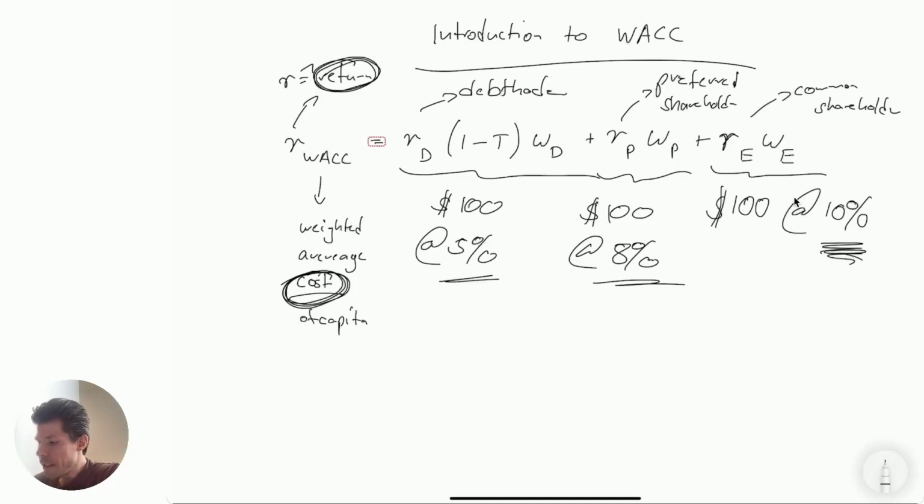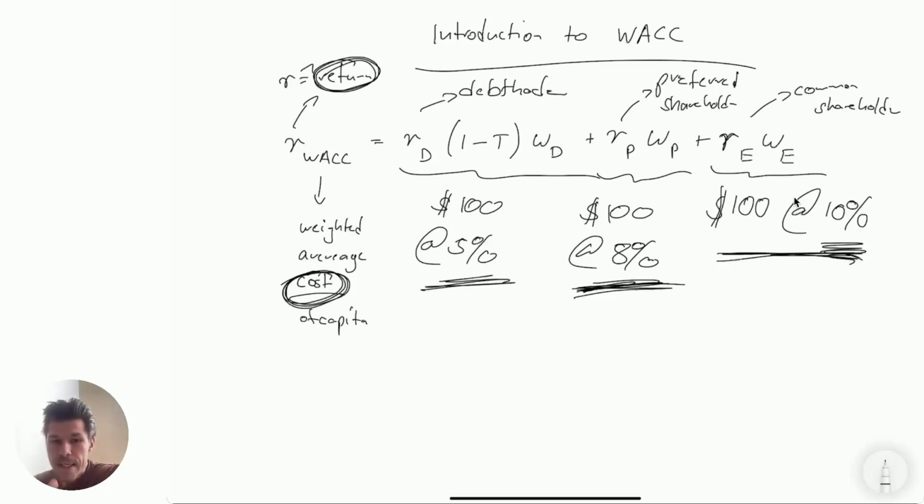Very important here, as you can see, from an investor perspective, equity is more risky because if the company goes bankrupt, you get your money last. Preferred shares are not as risky as common shares, but more risky than debt, because there's a liquidation process and a ranking.